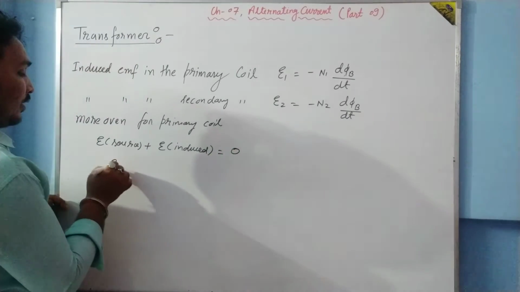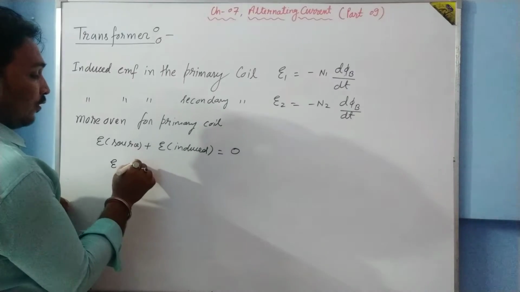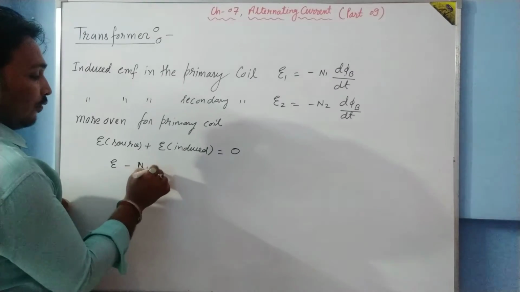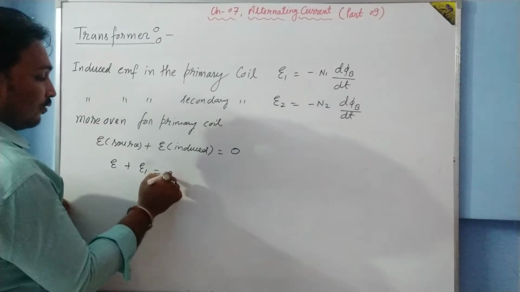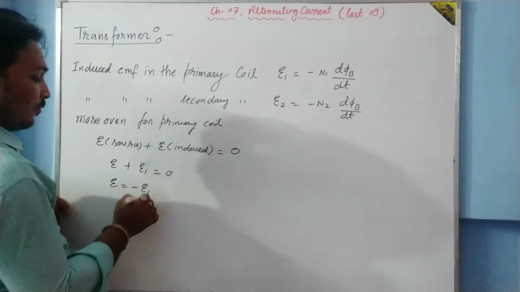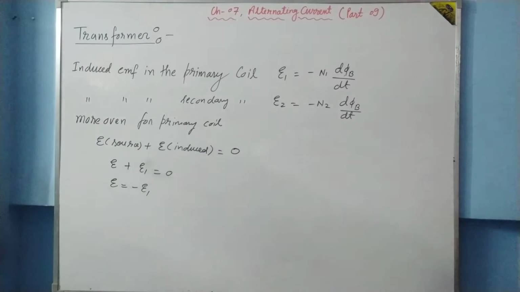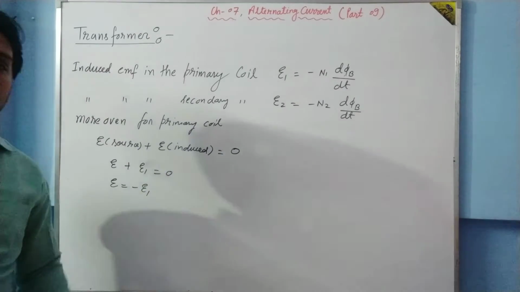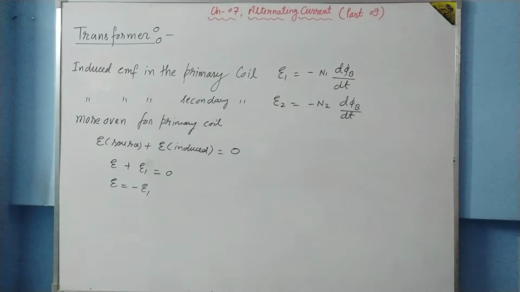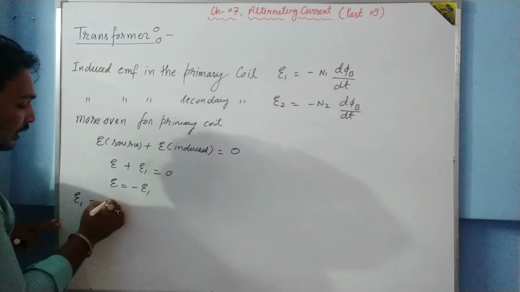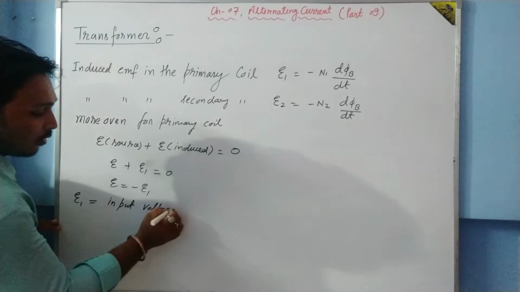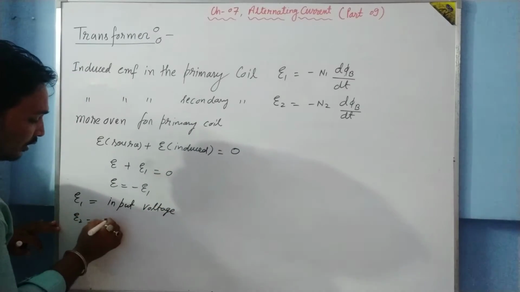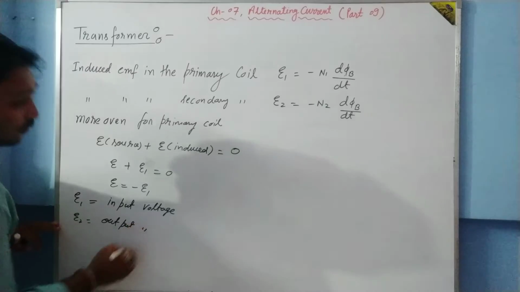The source EMF, let us take it E, and the induced EMF, we have taken it E1, so E plus E1 is equal to 0, or E is equal to minus E1. So basically the source EMF and the induced EMF in magnitude are going to be equal. So E1 can be considered as our input voltage and E2 can be considered as our output voltage.